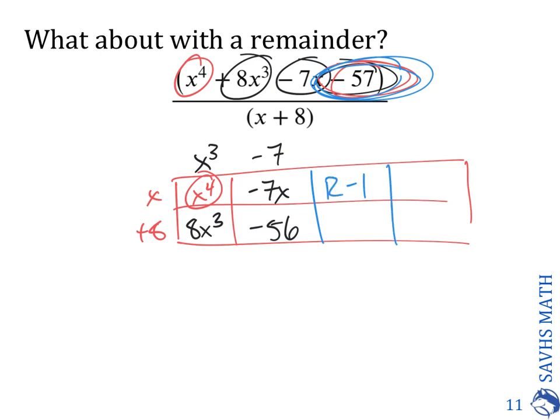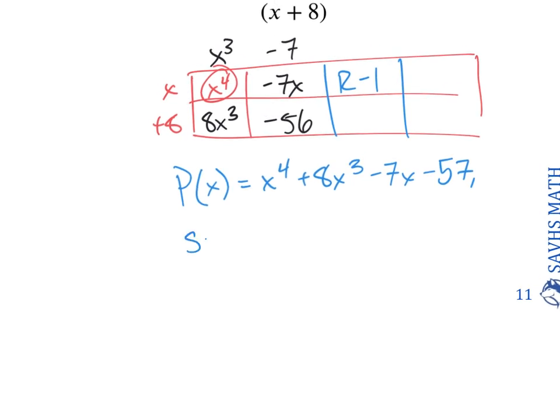So if P of X is x to the fourth plus 8x cubed minus 7x minus 57, then P of negative 8 is negative 1 by the remainder theorem.